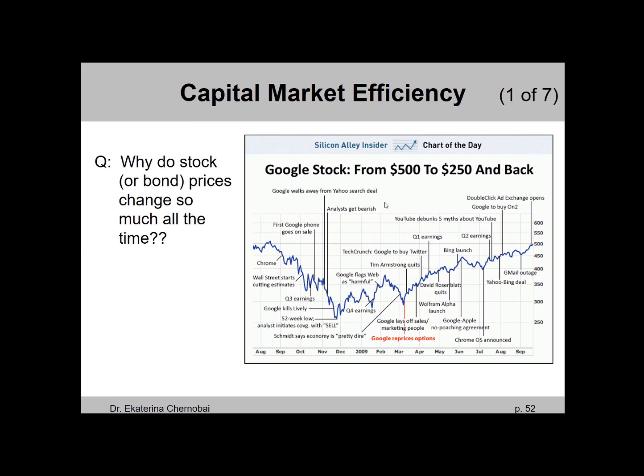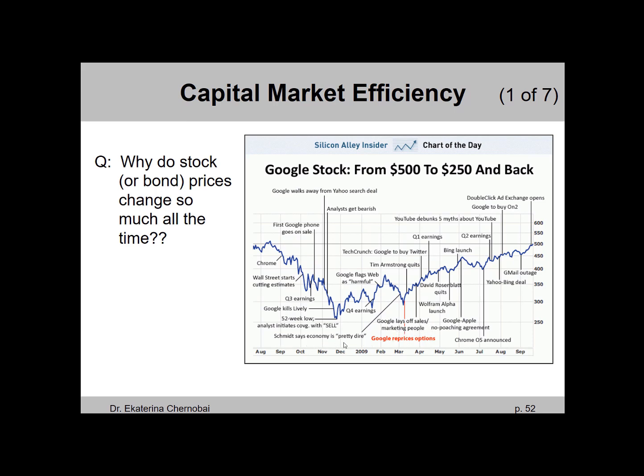And there are a lot of things which are highlighted, especially for the times when there were big drops or big jumps, like Bing launch is marked here. Google to buy some company is marked here towards the end. Yahoo Bing deal. Google lays off sales and marketing people.